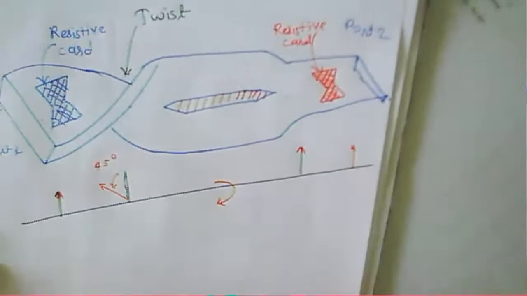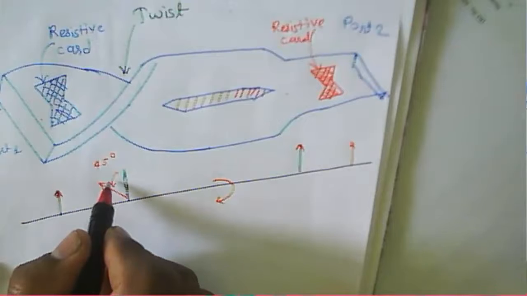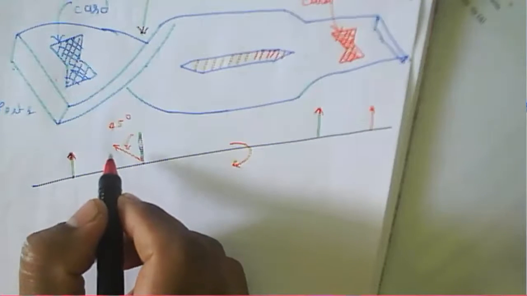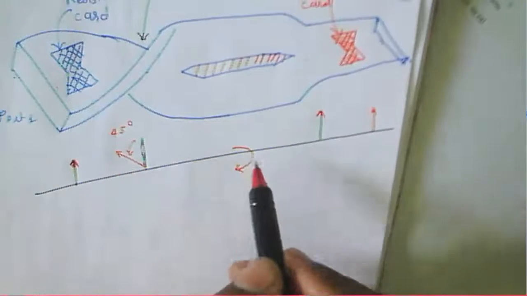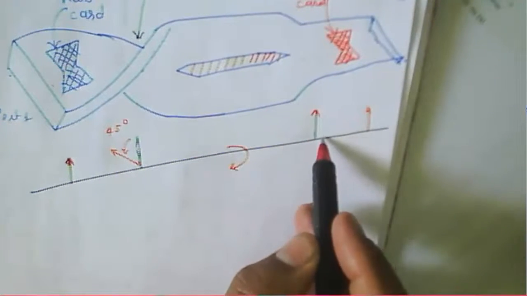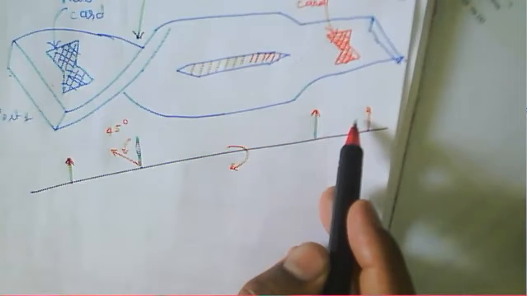So there is a twist of 45 degrees, a rotation of your signal, twisted 45 degrees by this and 45 degrees by this ferrite. Then again the signal realigns here, and then it is propagating.